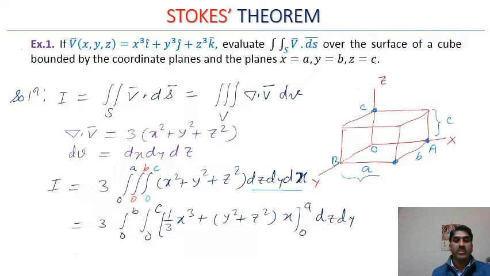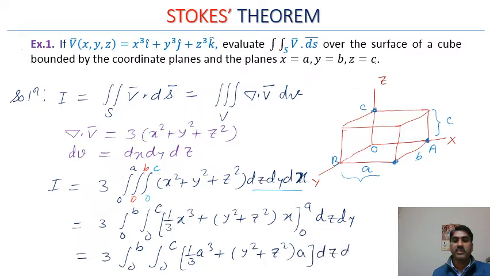You can put these limits and again simplify it. So this becomes 0 to b, 0 to c, and 1 by 3 a cube plus y square plus z square a, and dy dz.